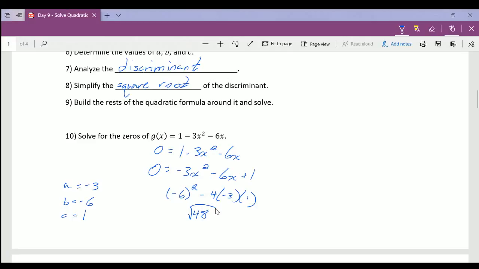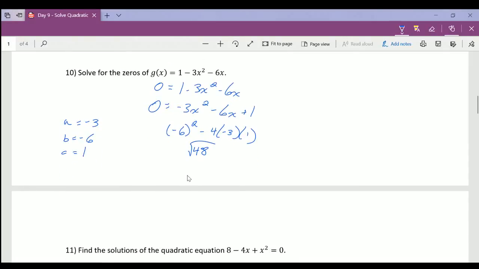It depends on what you're being asked to do in the question. I know some of the questions that you're getting in like IXL just ask for a decimal. So you can go ahead and call this like 6.93 or something like that. But for right now, I want to just call this 4 square root 3.